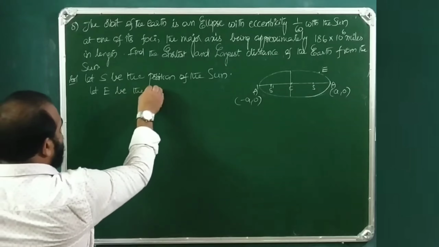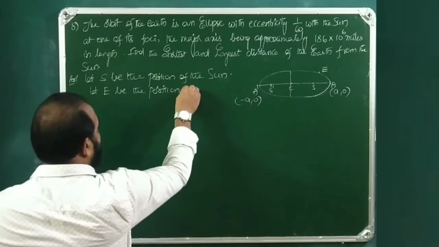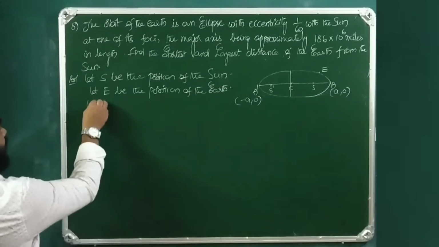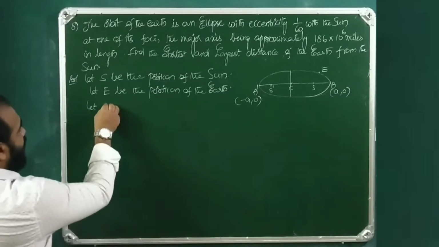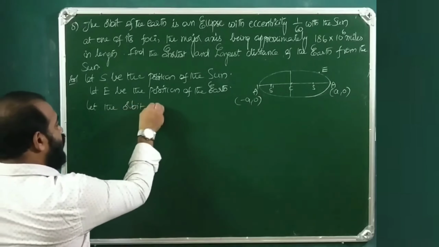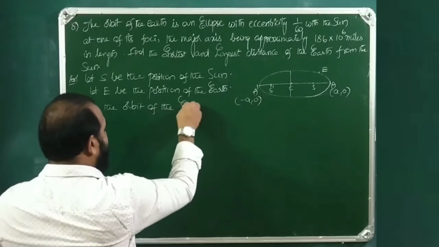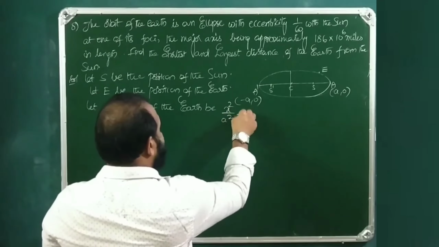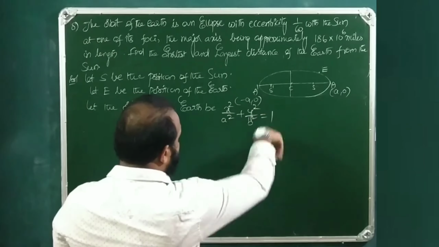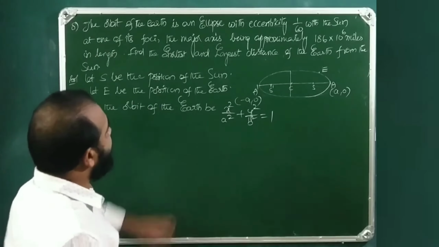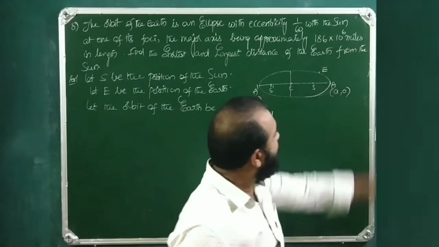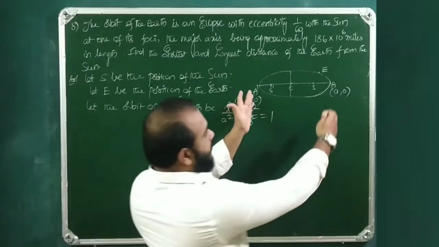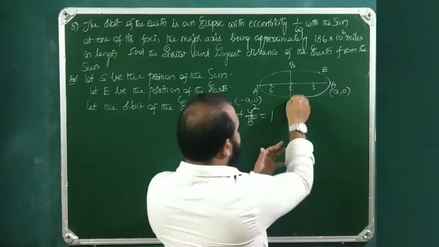Let E be the position of the earth. Let the orbit of the earth be x square by a square plus y square by b square is equal to 1. What is given is the major axis being approximately 186 into 10 power 6. Major axis means A dash, A dash being the major axis and B dash being the minor axis.